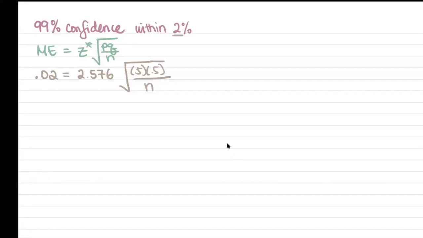So within 2%, you have the 0.02. I'm just going to explain it in case somebody doesn't and wants to know. 99% confidence, how to get the Z star. Hopefully you did inverse norm of, and here's a little trick I do. In my calculator, I type 0.01 divided by 2.